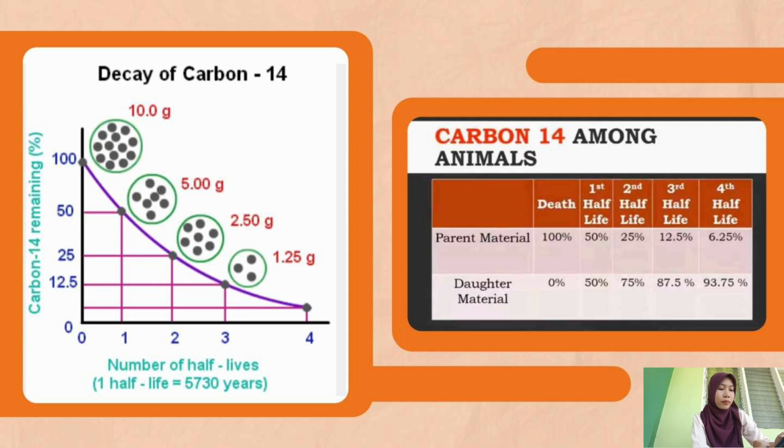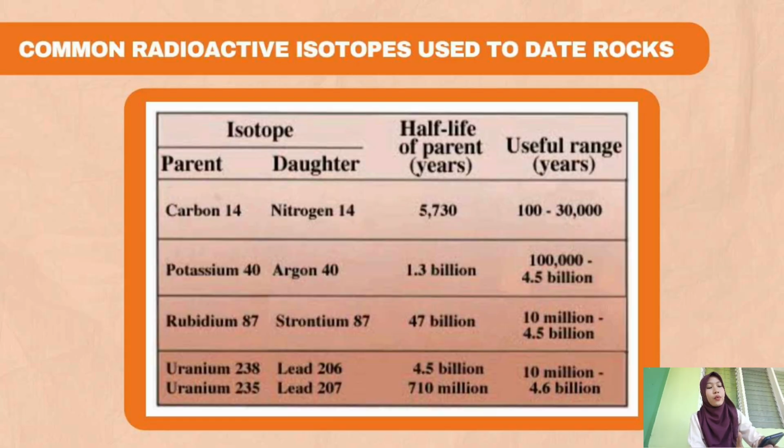So, in carbon-14, one half-life is equivalent to 5,730 years. So here we have the common radioactive isotopes used to date rocks.